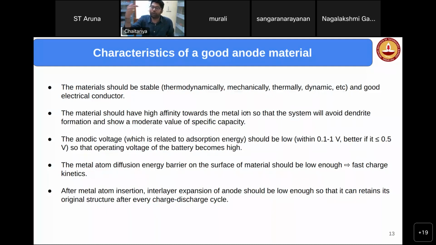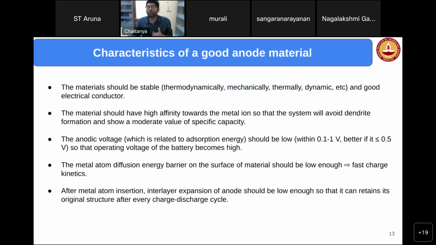Once the dendrites are formed, they can pierce through the separator and create a short circuit. So for us, one of the important points is that whatever metal atom is coming and trying to sit on the anode should have a higher affinity towards the anode, or the reverse, the anode should have a higher affinity towards the metal atom. So this is one of the primary things.